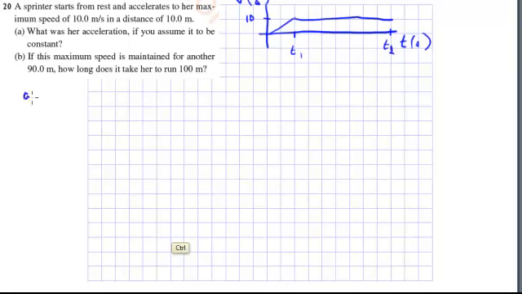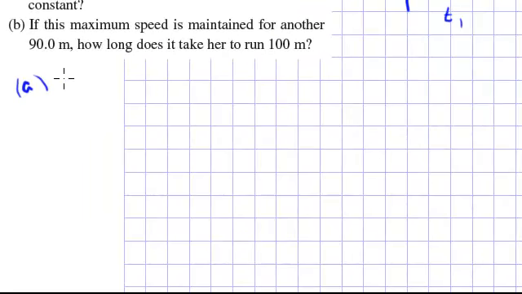Okay, part A asks us what the acceleration is, and there's no time information given, so the logical equation to use is the kinematic equation which does not contain time. That's this one right here.